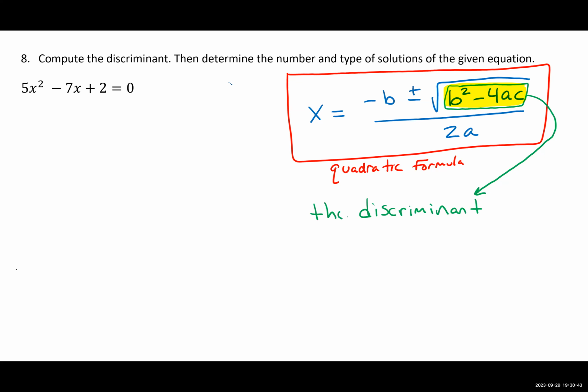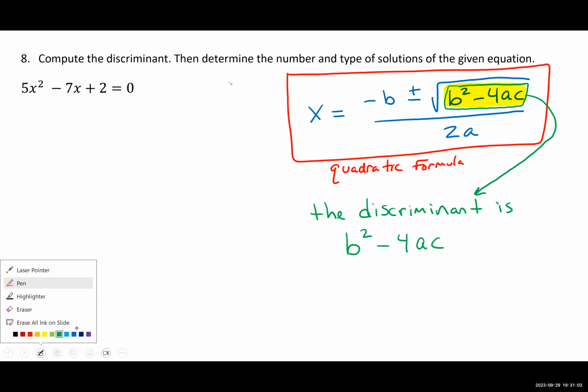So the discriminant is b squared minus 4ac. Okay? And that is the part of the quadratic formula that tells us how many answers we're going to get.